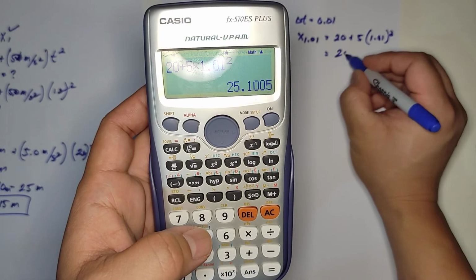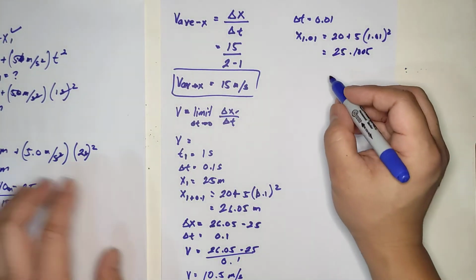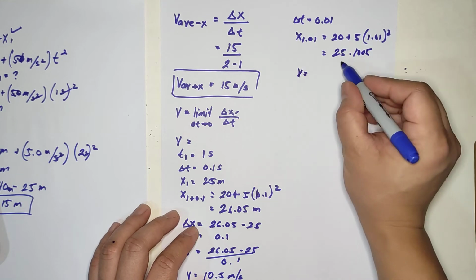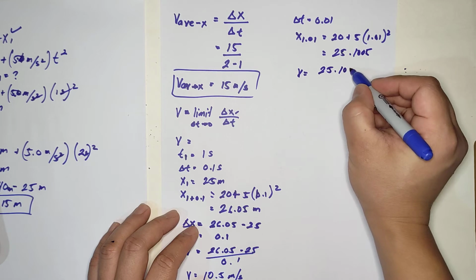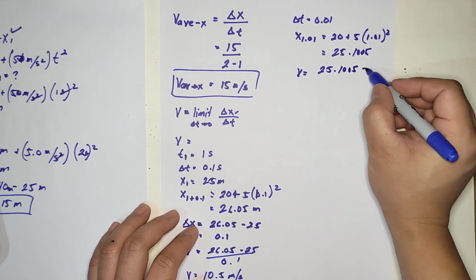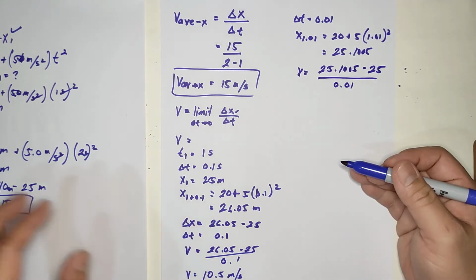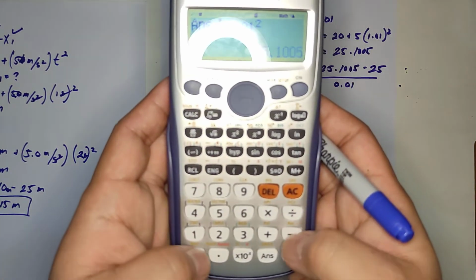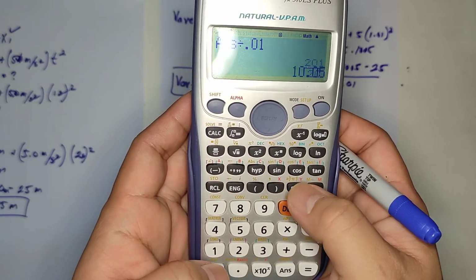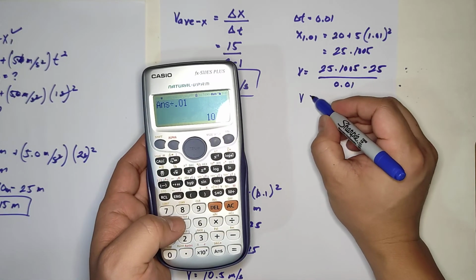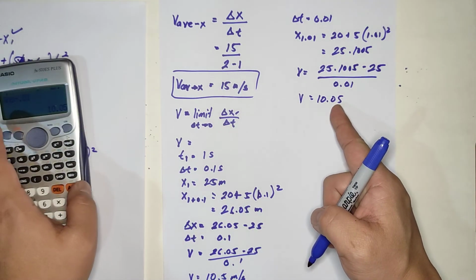So that is 25.1005. Now the velocity, that is 25.1005 minus 25 divided by 0.01. So you now have 10.05.